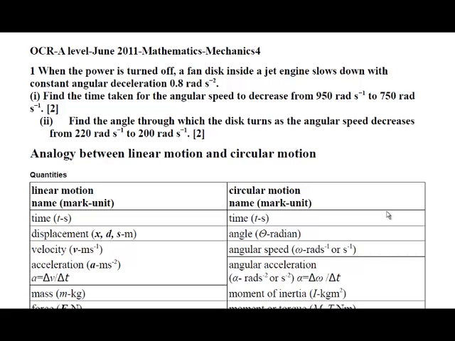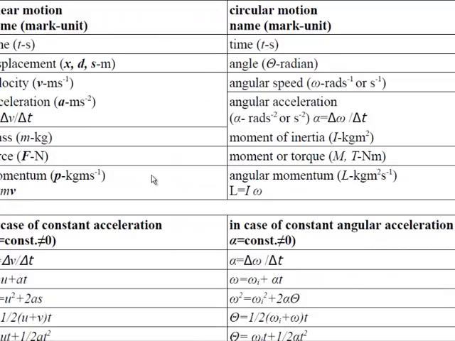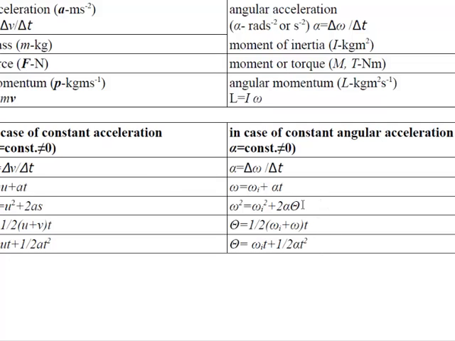Find the angle through which the disk turns as the angular speed decreases from 220 to 200. We'll use this formula, but we need time, so before we use this formula, let's see.